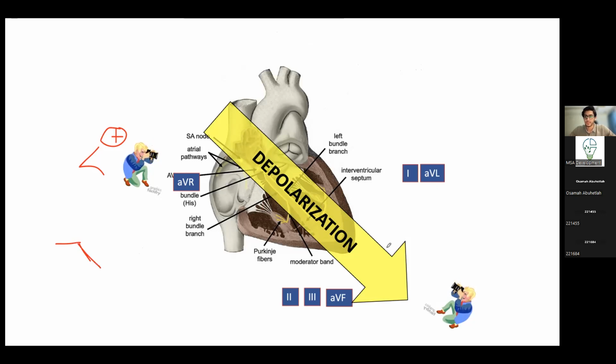Now, let's say we have another person taking a photograph of the heart from the inferior lateral perspective, or inferior lateral point. Let's say he's taking a photo from here. If the wave of depolarization is spreading in this natural direction, is the deflection on the ECG going to be up or down?